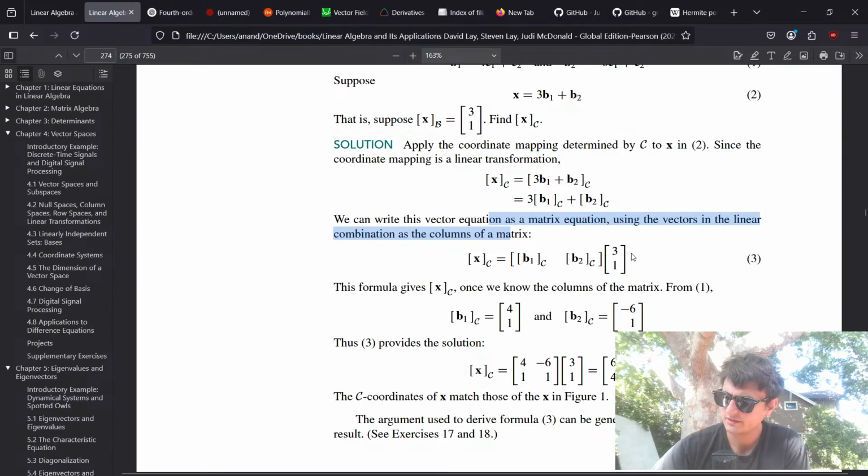So earlier we had that B times the B coordinate vector of x is equal to x.